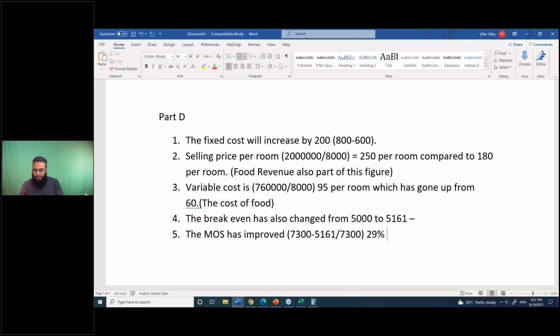So it's 29% from 22%. Okay. The occupancy has also improved or will also improve.